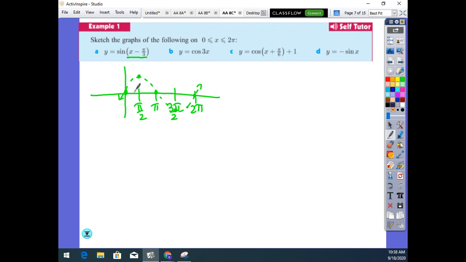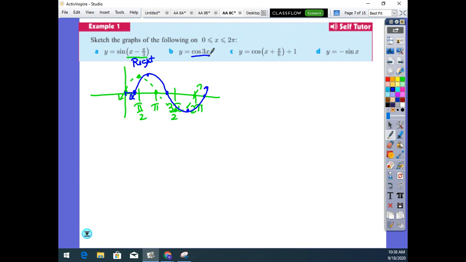Now, pi over 3 is a little bit under pi over 2, so I'm going to shift everything right, pi over 3. So this goes here, this one goes here. Everything's just shifting a little to the right. And there's your graph.